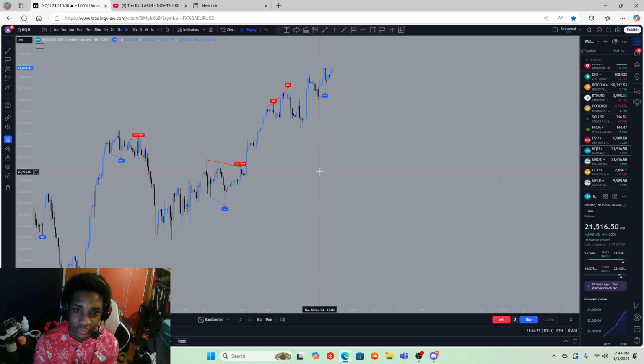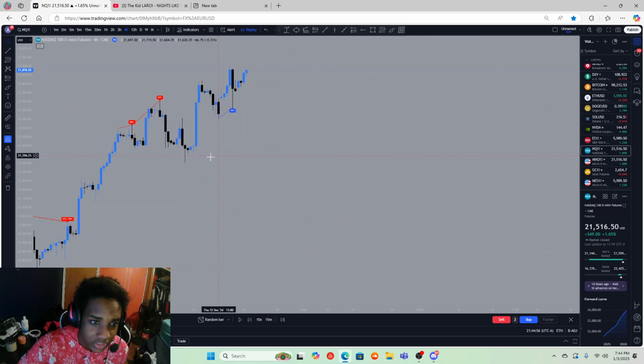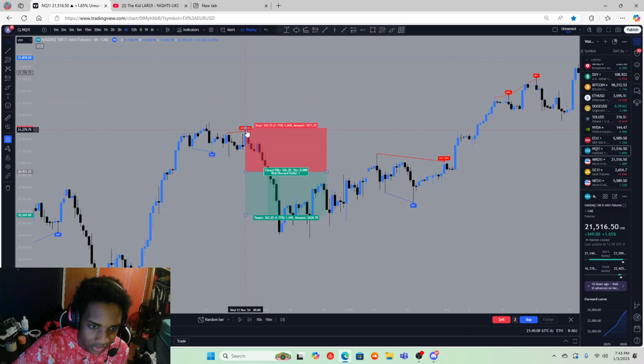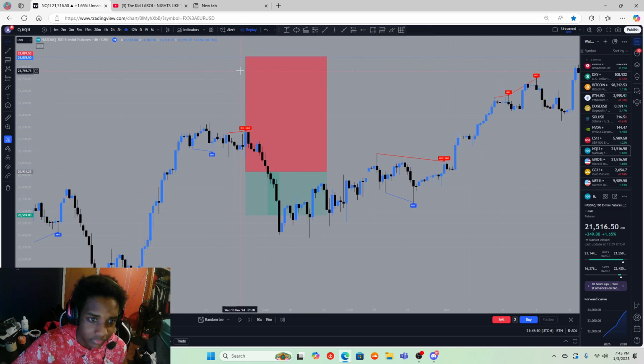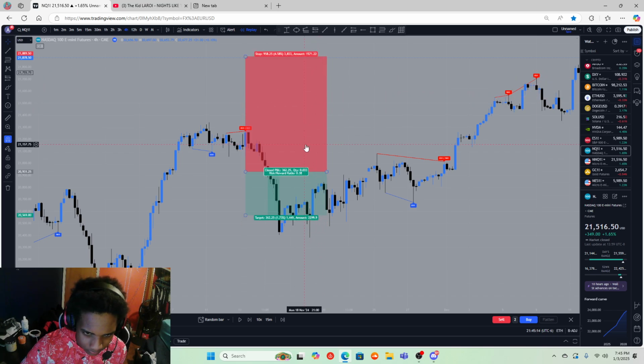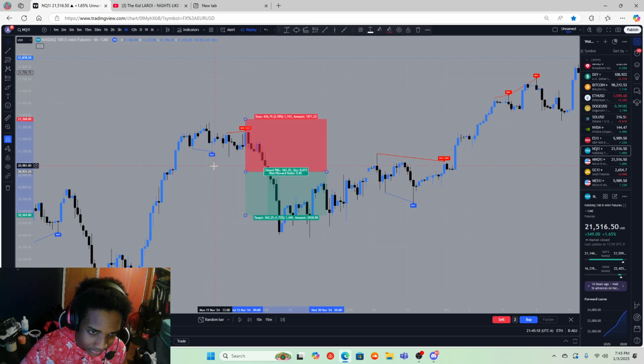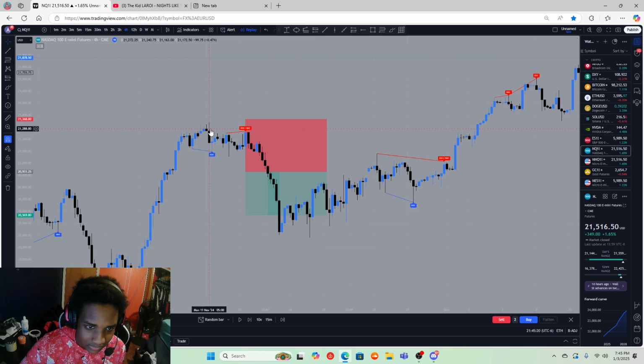Liquidity is your best friend. You should set your stop losses based off of liquidity. You shouldn't set it based off of, I don't know, some random level. Let's say I want to short this move right here. Well, why would I have my stop loss just all the way up here for a negative risk to reward when you could have it here above these strong highs here that haven't been taken out yet?